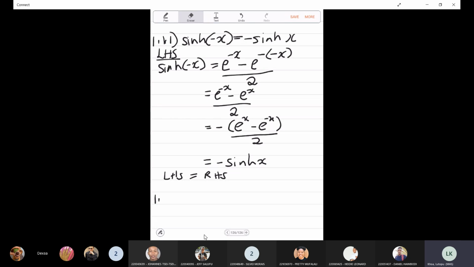Okay, then the next one, 1.1.2, we have to show that cos of tan inverse of x is equal to 1 over the square root of 1 plus x squared.